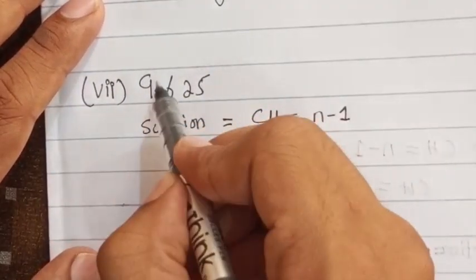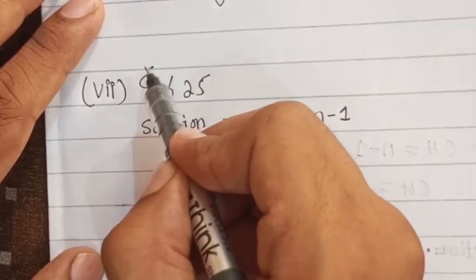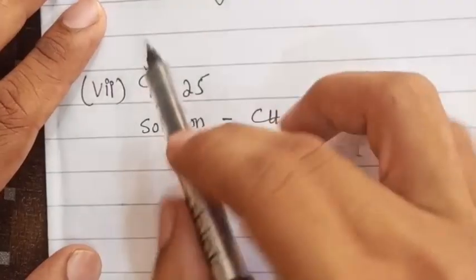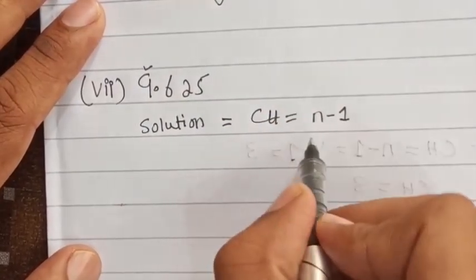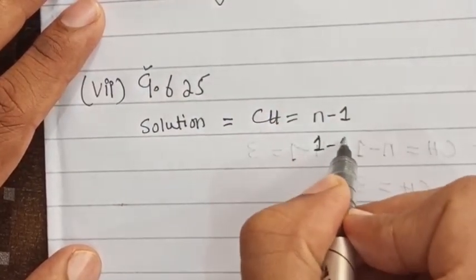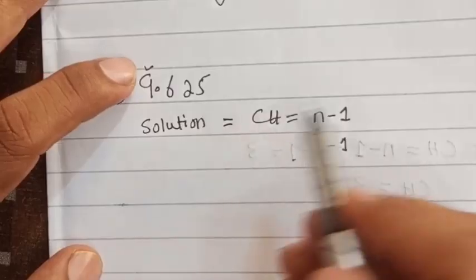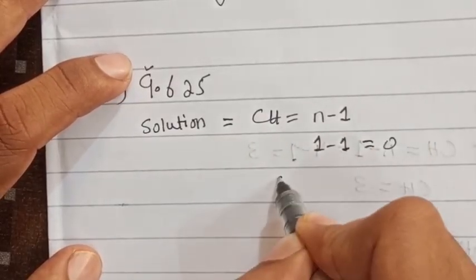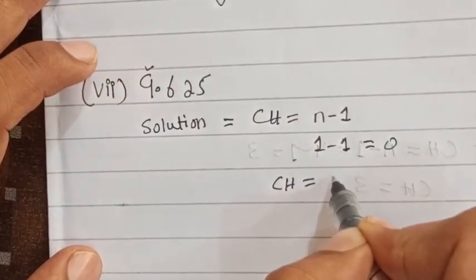How many digits are there? Only one digit, because we have one whole number here. We will not consider the numbers after the point. So 1 minus 1 is equal to 0, and my characteristic is 0.